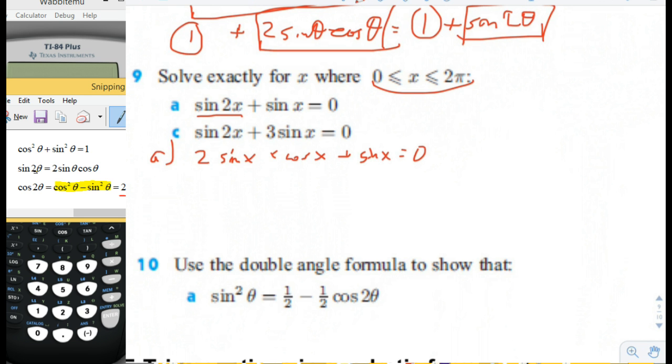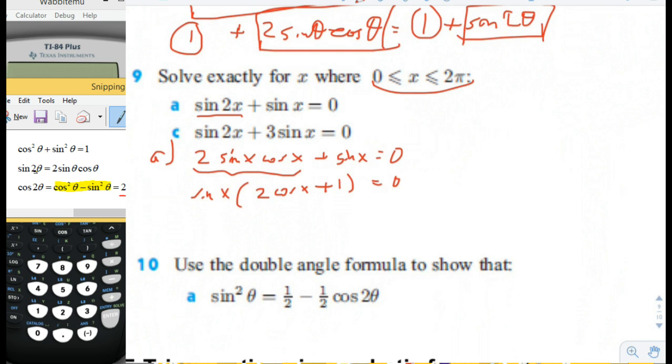I'm not going to put a multiplication sign because that just makes it look like an x. So 2 sine cosine, and then let's see, what can we do? We can factor out a sine x, see if that helps. Sine x, 2 cosine x plus 1 equals 0.